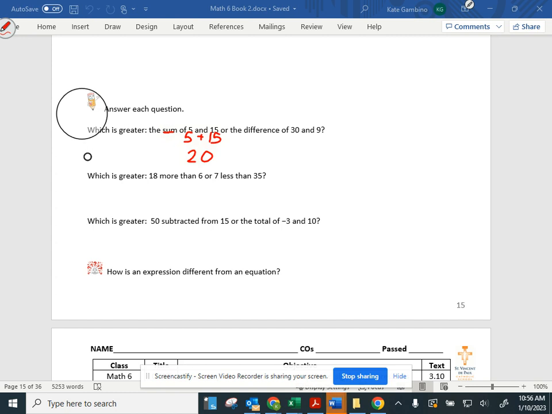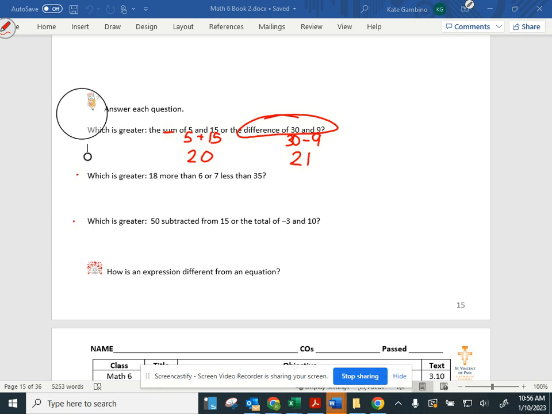So I need to decide, is that greater than the difference of 30 and 9? What is the difference of 30 and 9, Aiden? 21. Yeah, because it's 30 minus 9, which is 21. So I'm going to circle this one because that's the greater number. 21 is bigger than 20.